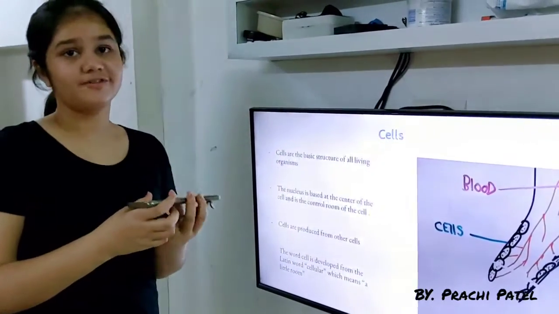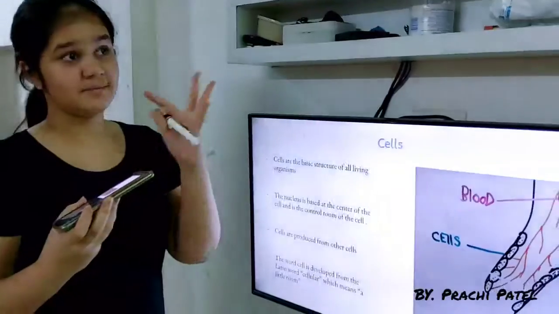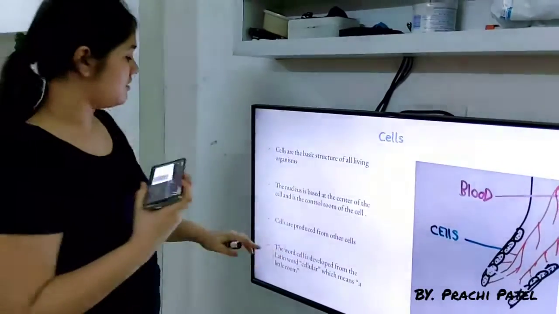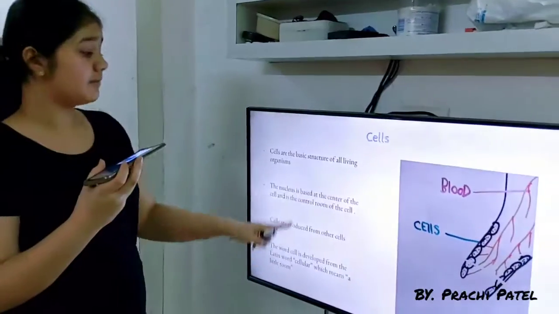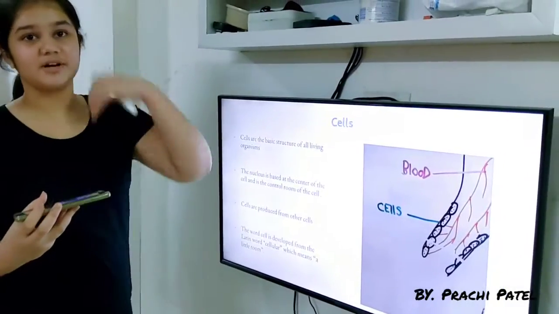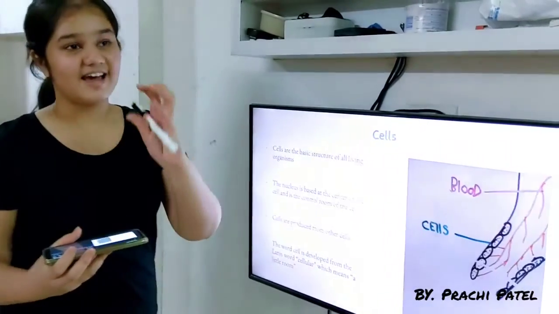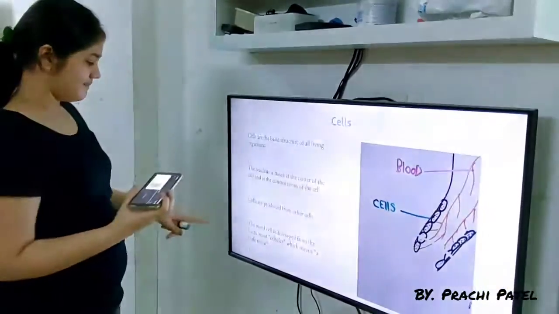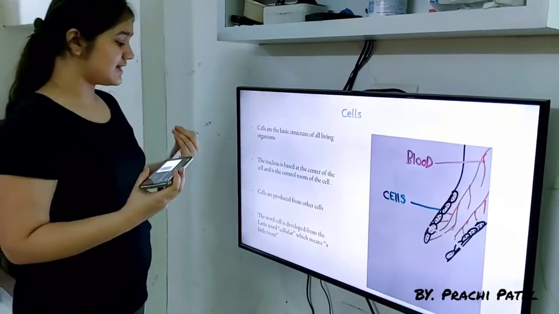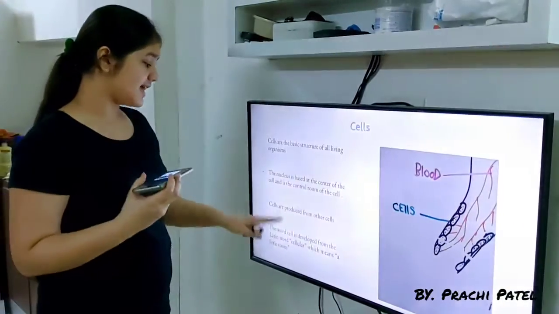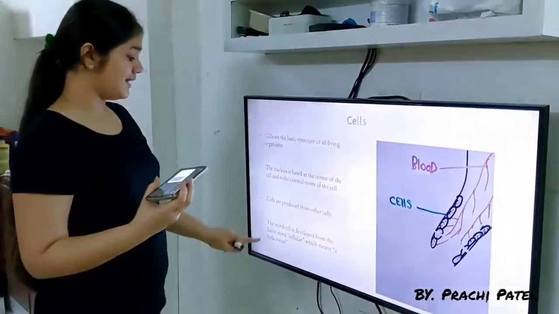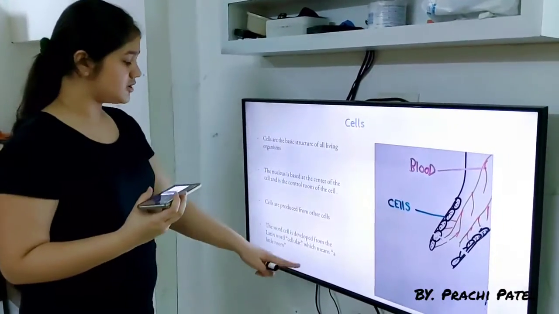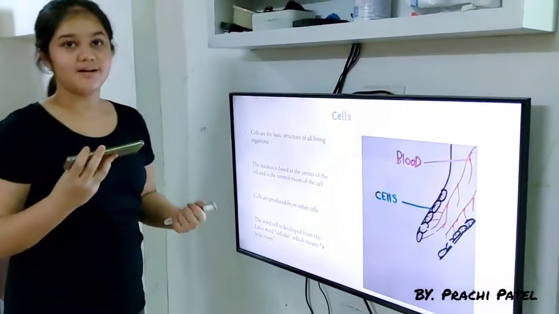The nucleus is the most important part of a cell. Cells are produced from another cell. Cells are not given into our body, but are directly made from another cell. This is a fact. The word cell has developed from the Latin word cellula, which means a little room.